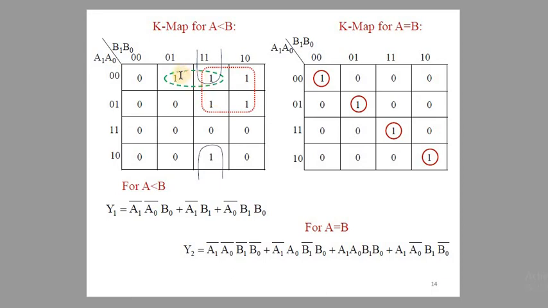See here the first group, the second group, and the third group; these are considered adjacent. The value of the first group is A1 bar, A0 bar, and B0 is constant, but B1 changes from 0 to 1 for this group. Therefore A1 bar, A0 bar and B0 is the value of the first group.